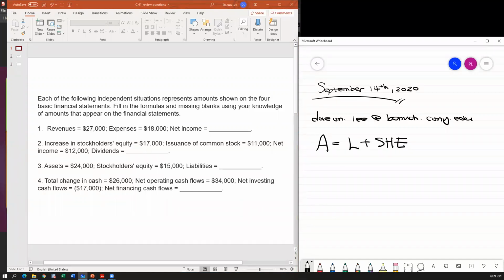This accounting equation is something you have to keep in mind all the time throughout the semester, okay? Another thing we learned last time is this equation: net income equals revenue minus expenses, okay? As long as you remember these two from last time, you are pretty much in good shape, okay?